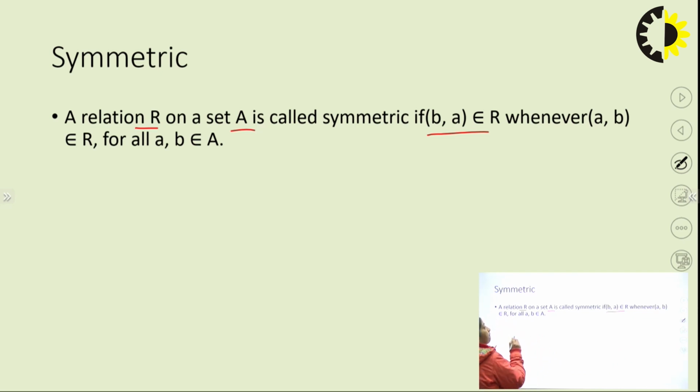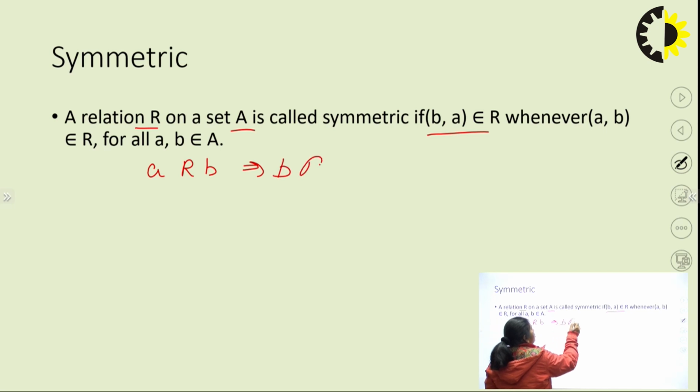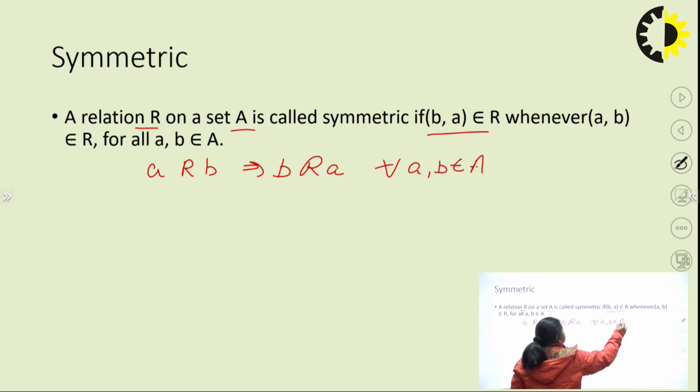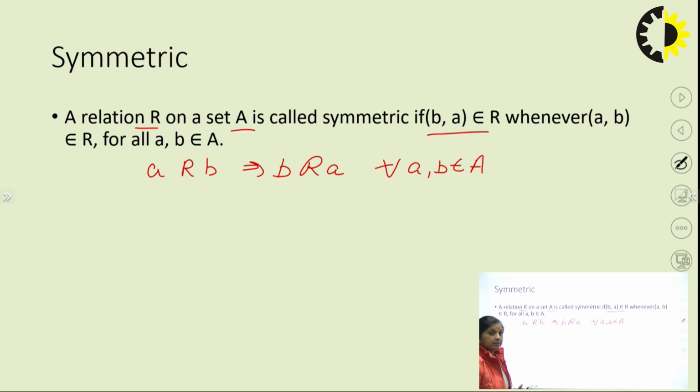It means if A is related to B, then B must also relate to A, for all A, B belonging to the set. If we take any two elements from the set such that A is related to B, and the reverse also holds, then it is a symmetric relation.